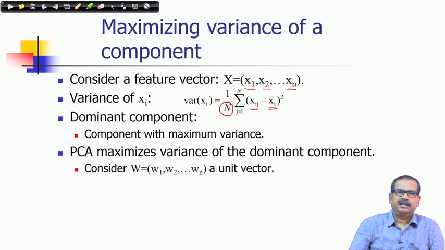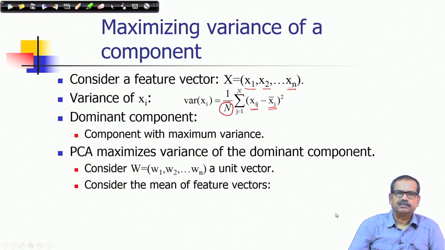Consider a unit vector W. As I mentioned, there is a coordinate transformation involved in PCA, so we can perform a certain type of coordinate convention. The center of the coordinates, or origin, can be considered as the mean of these feature vectors. Let us represent that mean by S bar.